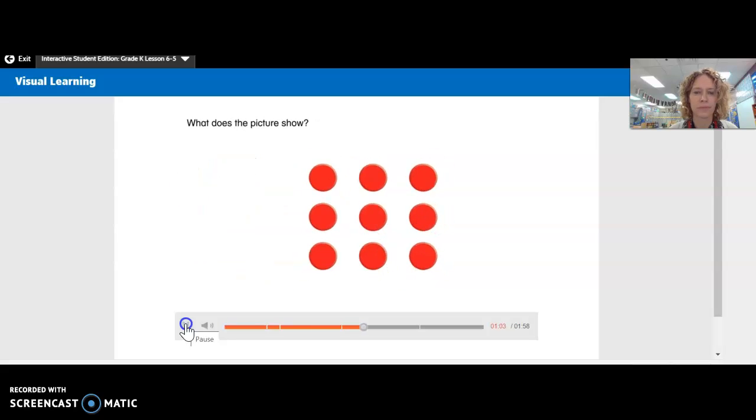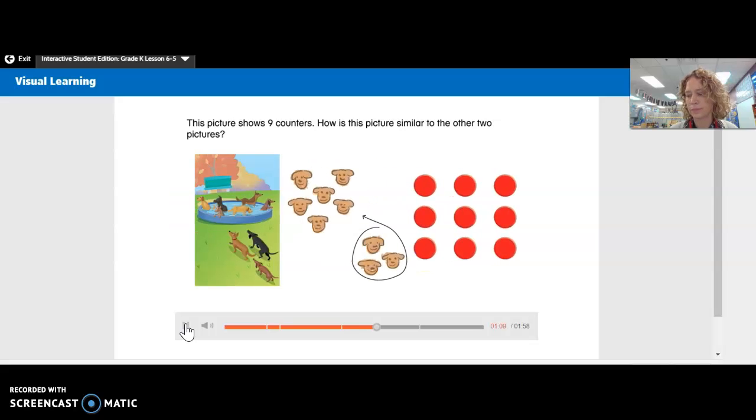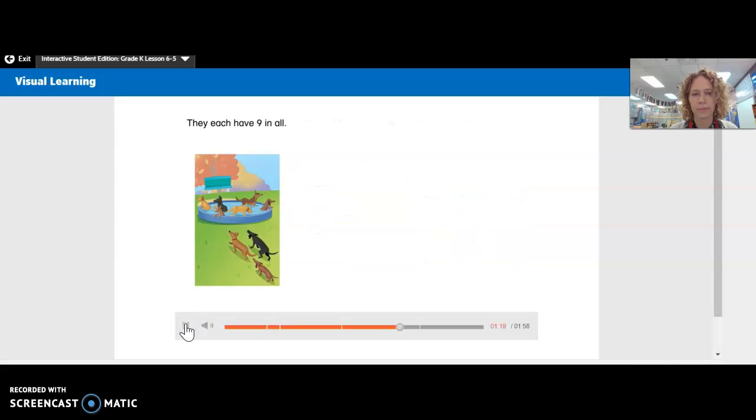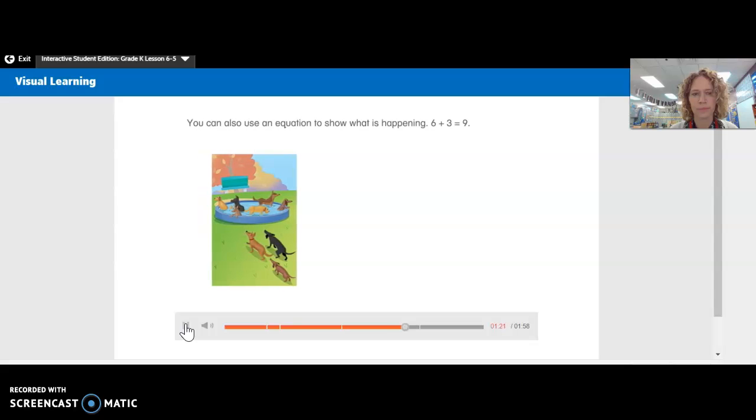What does the picture show? This picture shows 9 counters. How is this picture similar to the other 2 pictures? They each have 9 in all. You can also use an equation to show what is happening. 6 plus 3 equals 9.